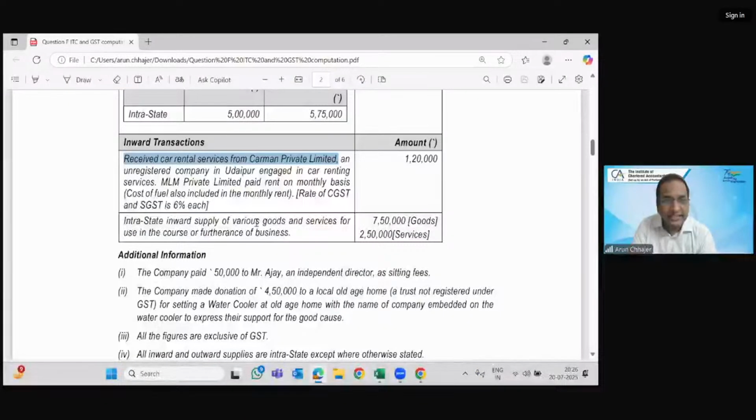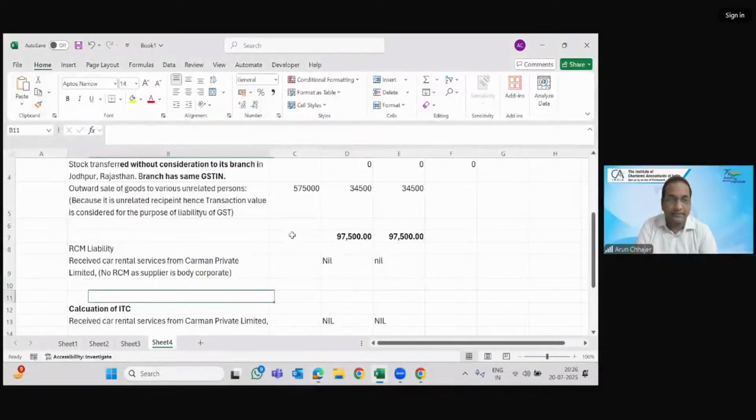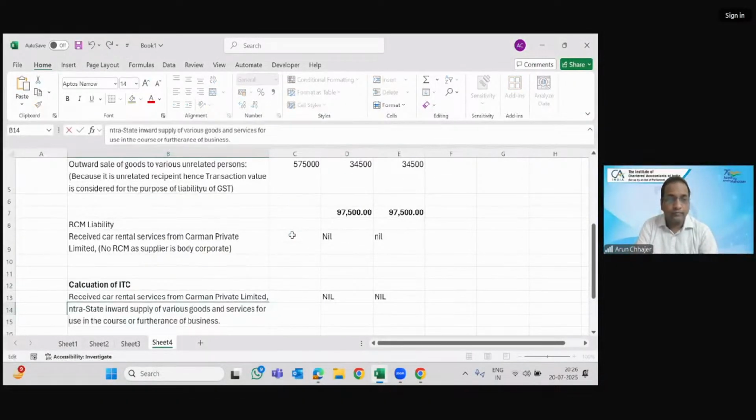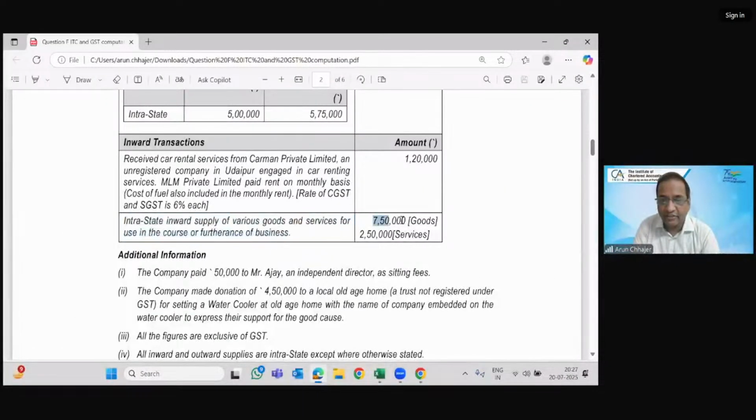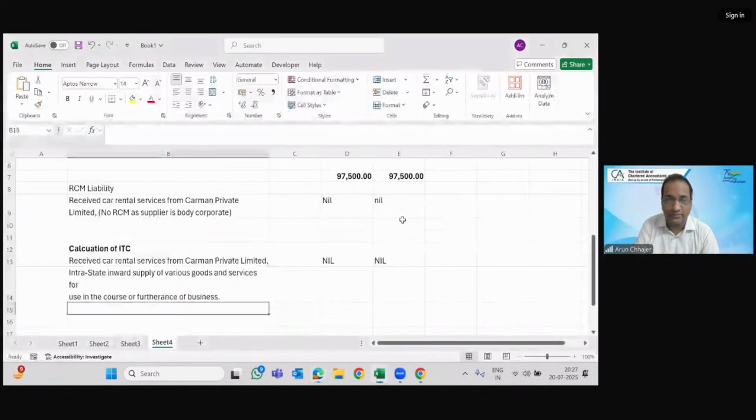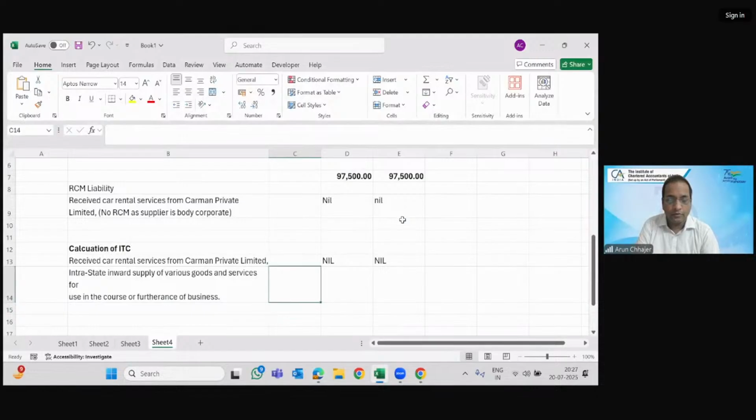Now it is saying that intrastate supply of various goods and services used for furtherance of the business. Intrastate supply. So what is the value? 7,50,000 for goods and 2,50,000 for services.